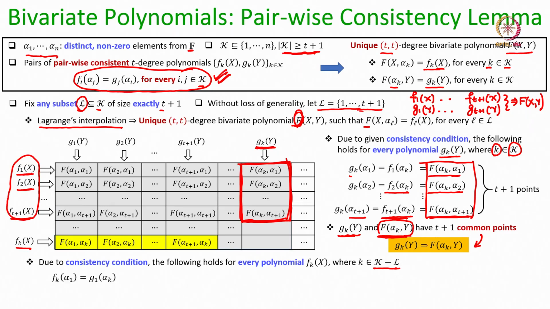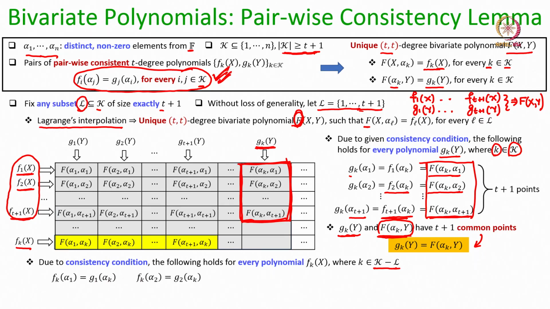Now, what do we know about such x univariate polynomials? We are given that this kth x univariate polynomial evaluated at alpha 1 gives you the same value as the first y univariate polynomial evaluated at alpha k, because of this pairwise consistency.